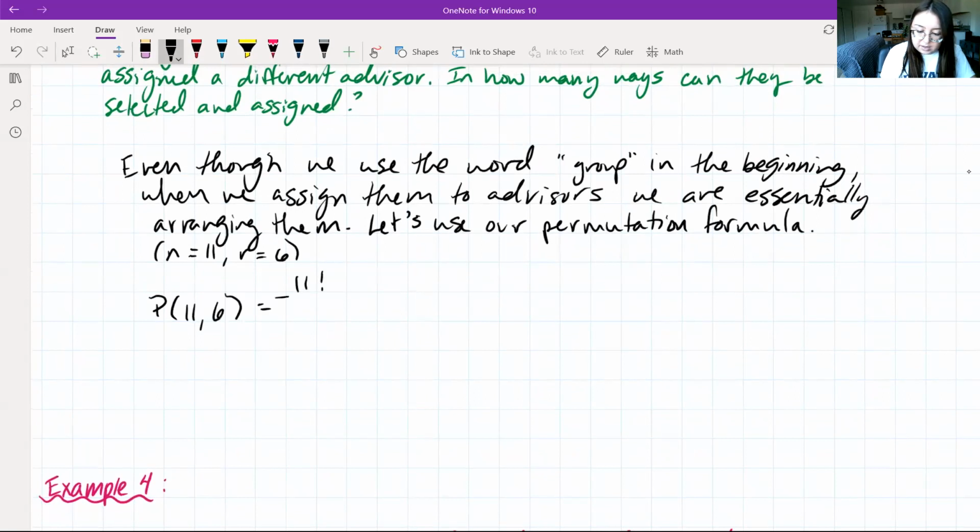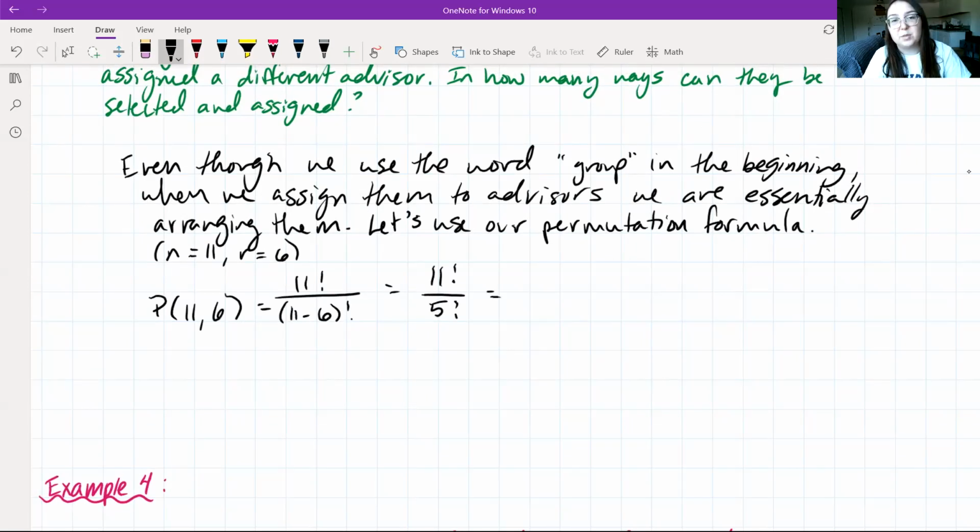This is going to be 11 factorial divided by 11 minus 6 factorial, which gives us 11 factorial divided by 5 factorial. Like I said before, you can enter this right into a calculator or you can write it out by hand. But either way, you should end up getting 332,640.